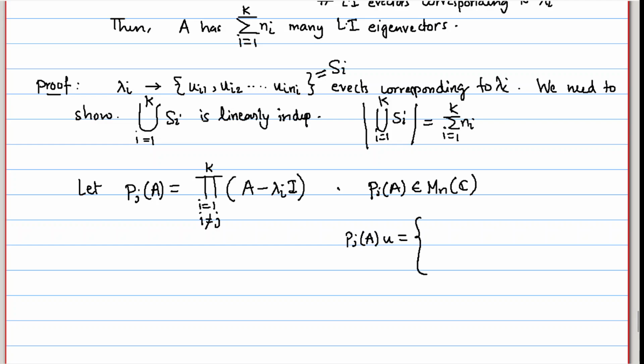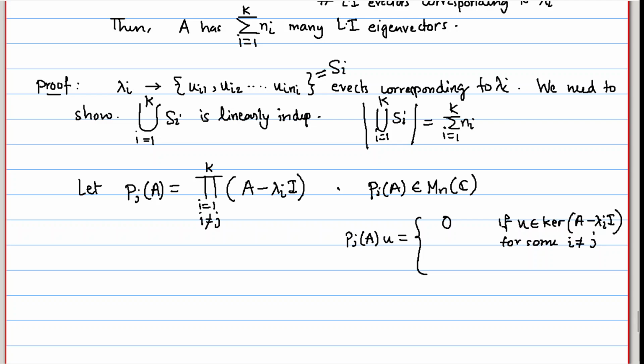You would get 0 if u is in the kernel of A minus lambda_i I for some i not equal to j. Is this clear? Why? Because if u is in the kernel of one of them, then that term in the product will become 0.